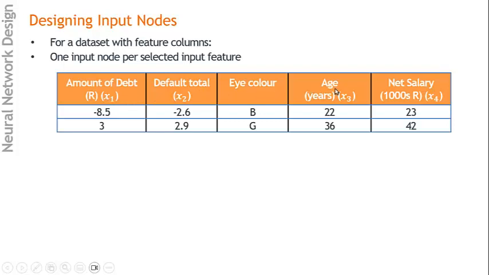If you're talking about financial issues, you're probably not going to be including eye color. So you have to make that intelligent decision of which input features to include, and then you assign them to nodes. And of course you have the one node that's just the constant feature.